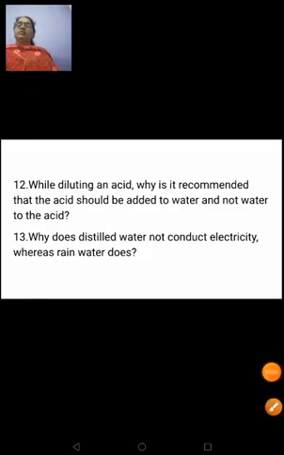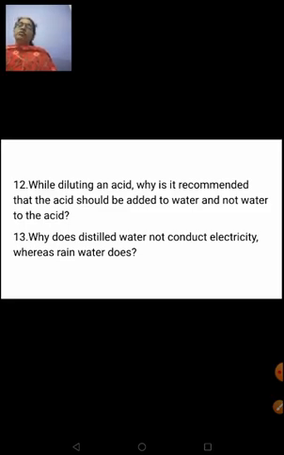Okay. While diluting an acid, why is it recommended that the acid should be added to water and not water to the acid? This is because when you're diluting an acid, means it is already concentrated, right?